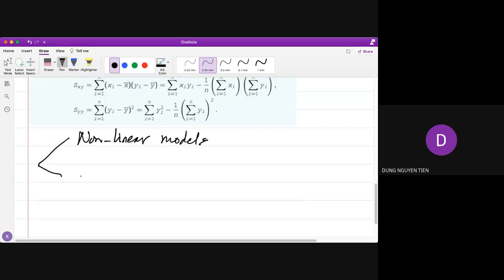What if you have a linear model? If you have a linear model, even a multiple linear model, you can use linear algebra to get the answer.